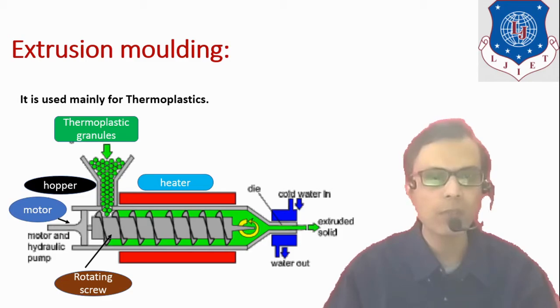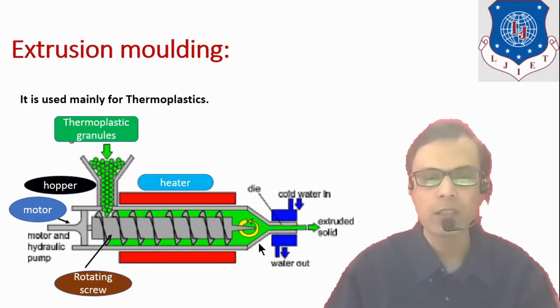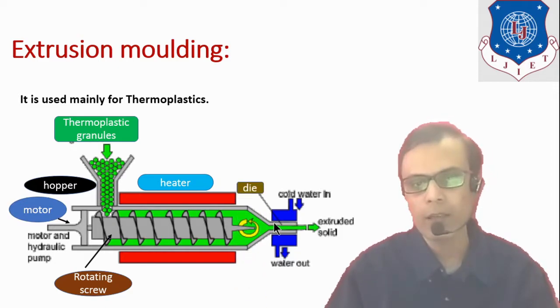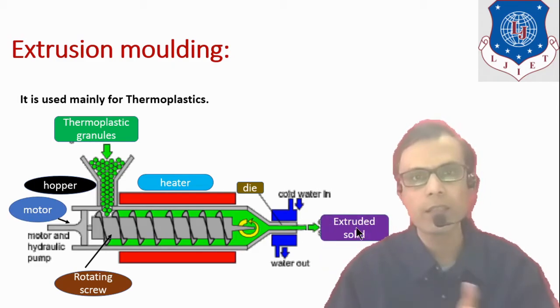Now that molten plastic is advanced, or it is traveling in this direction with the help of this rotating screw, and it is forced to come out through the die opening. Here in this diagram it is the die and it is the opening of the die. So as per the diameter of the die, the extruded part will get its diameter.